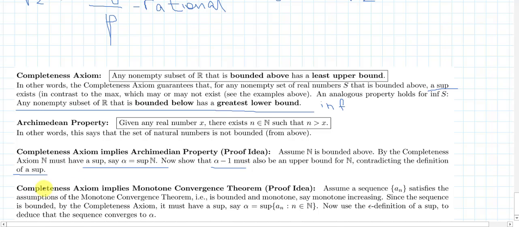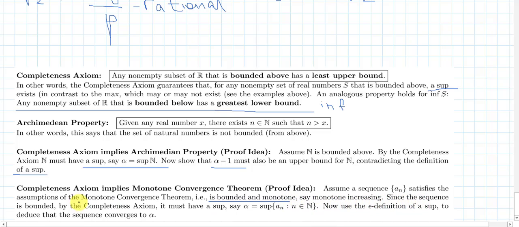And the next one is the completeness axiom implies the monotone convergence theorem. And here also the proof idea. Assume a sequence A satisfies the assumptions of the monotone convergence theorem. So it means it's bounded and monotone, say monotone increasing.